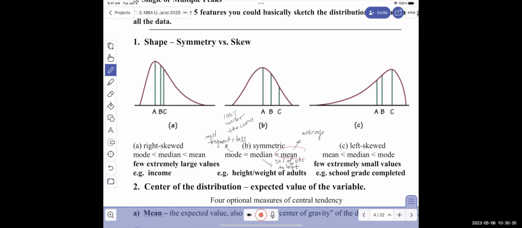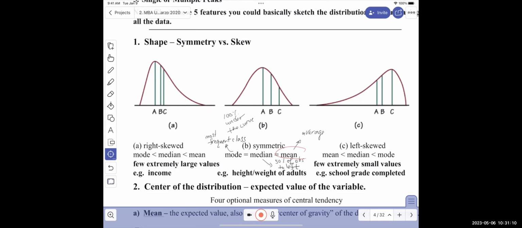However, when data are skewed, and here are two examples, I'll start over here. This is an example of data like ours. It's right skewed. Right skewed means that most of the data is together, but a few high values exist. One example, the one that we just saw, was an example of that.